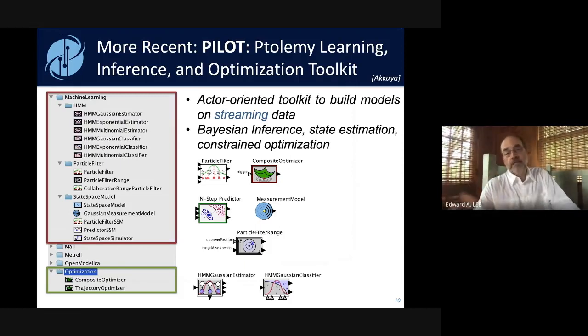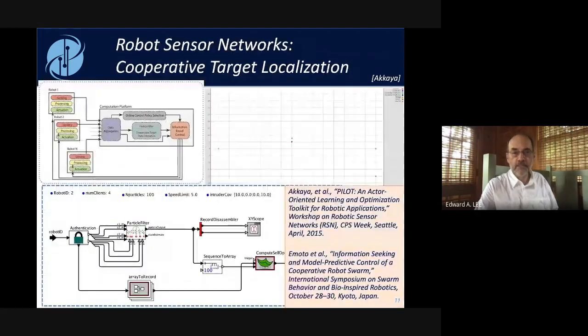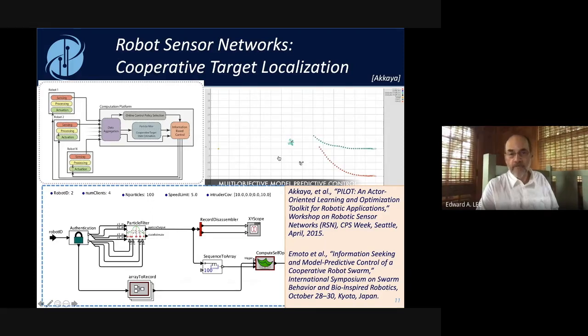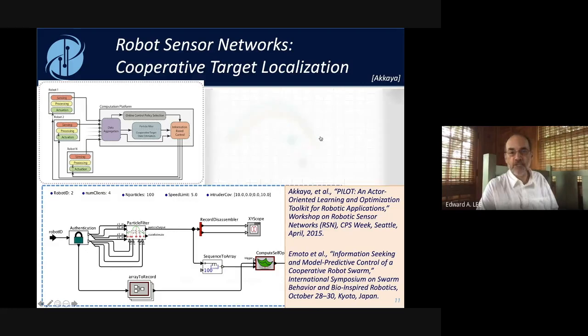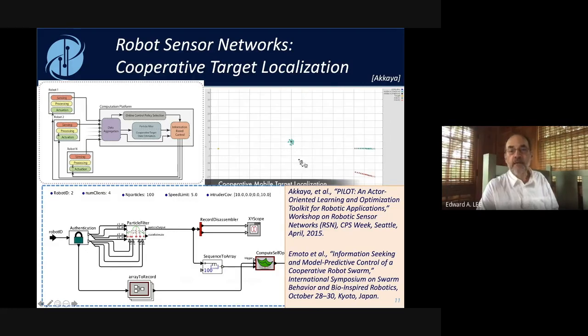The Kepler project has also done a lot of work in integrating machine learning and statistical analysis into Ptolemy II as well. So this is a recording of one of Ilge's robots. It's a combined trajectory planning and target identification mechanism, again using particle filtering.